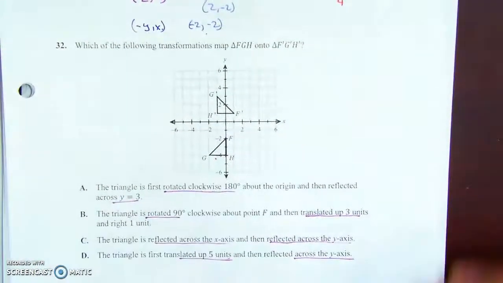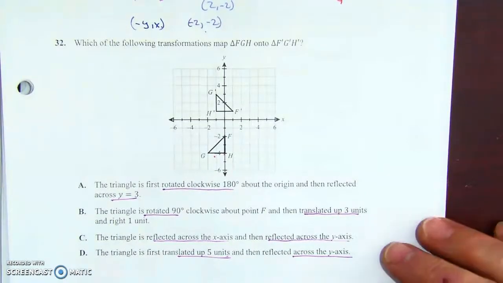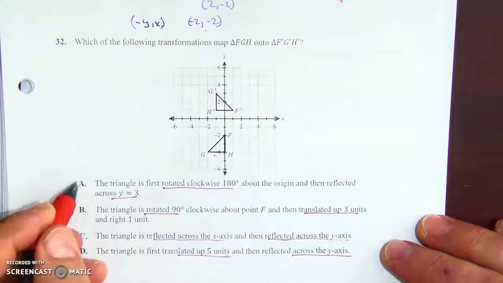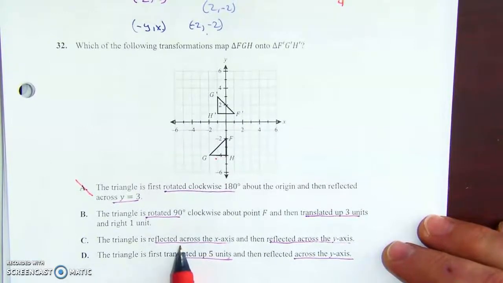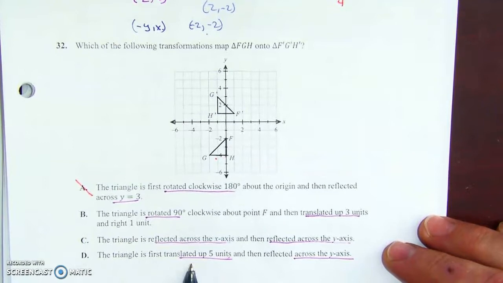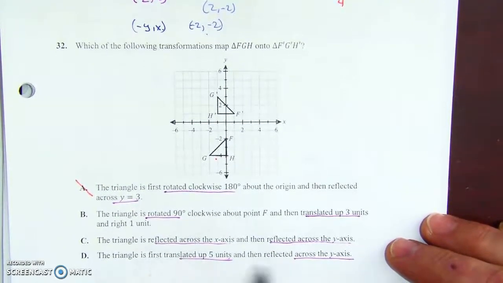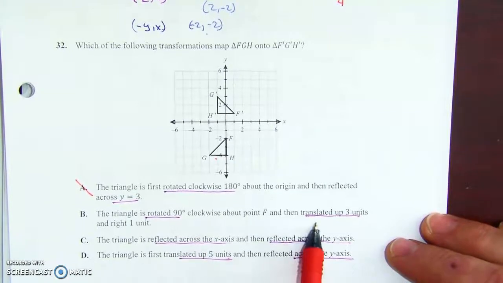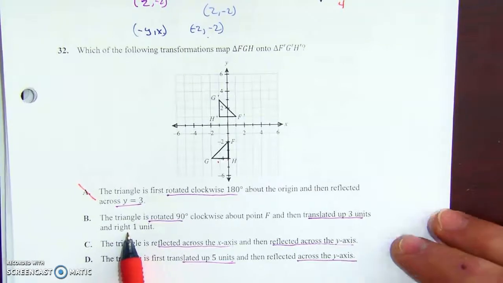So we know that it's not going to be rotating 180 degrees, so we can probably eliminate choice A here. But sometimes, when you do some reflections in C and D, that makes a huge difference too. But we know these are all being translated, but these are being reflected. So I'm going to look at choice B and see if it actually works.